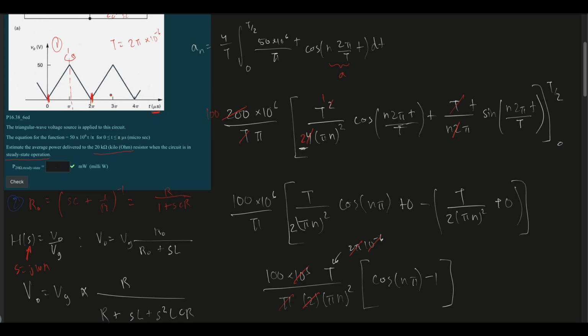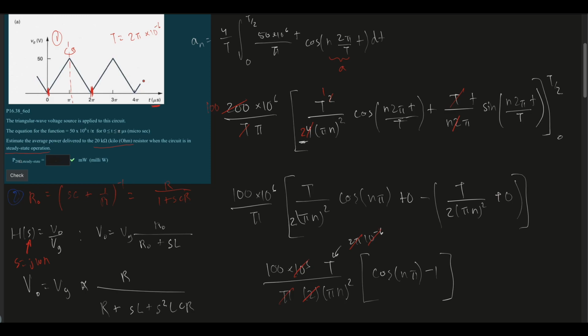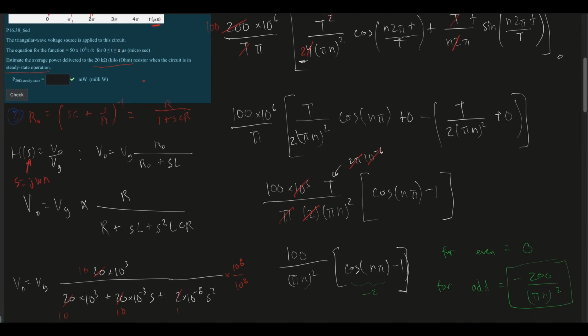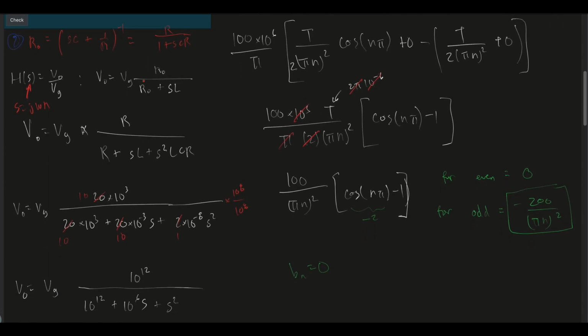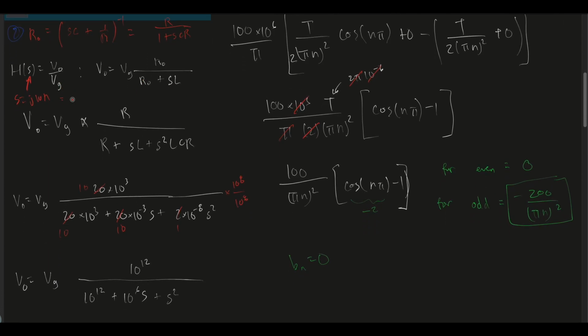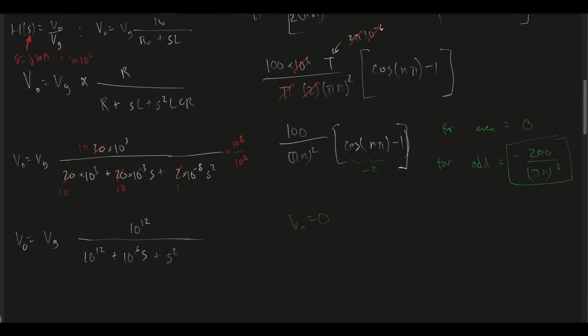That's our period, right? We wrote this out earlier. Well, if we have 2 pi over 2 pi times 10 to the negative 6, this is just going to give us 10 to the 6th. So our omega is just 10 to the 6th. So we can write this as j n 10 to the 6th. Okay, and now we're going to plug this in for all of our S's.